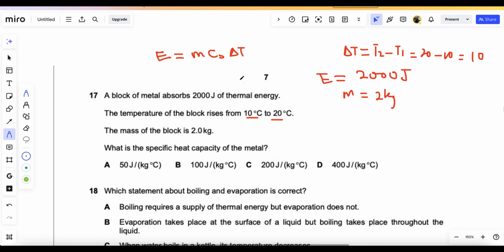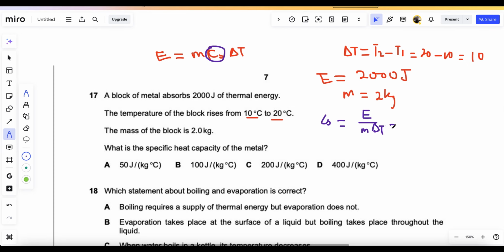You're going to make c the subject of the formula. So c is equal to the energy divided by mass and delta T. This is all you just need to do, and you get your answer.